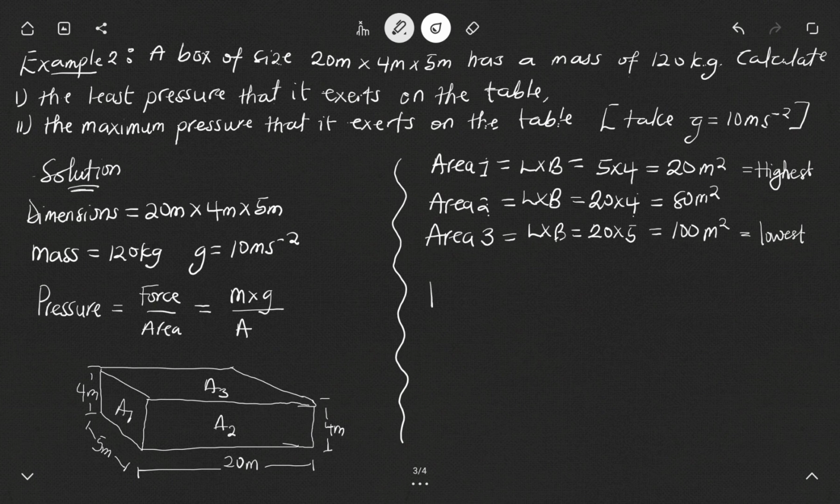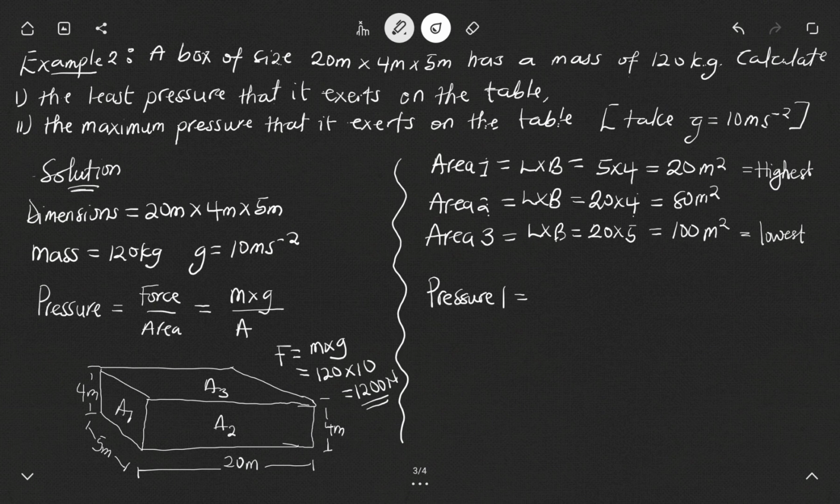So let's calculate pressure 1. Now let's calculate our force separately, so we can just use it. Our force will be equal to mass times gravity, which is our mass of 120 kilogram multiplied by our gravity, which is 10. So this will be equal to 1200 newton. This is our force.